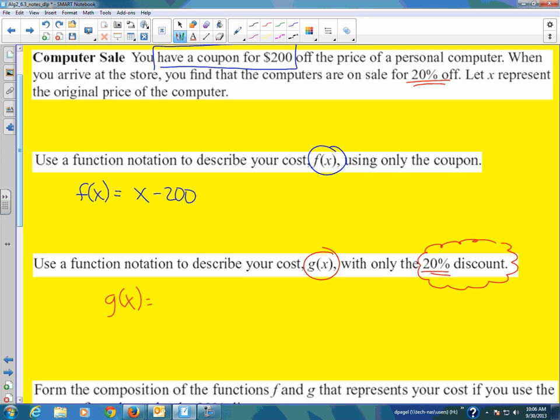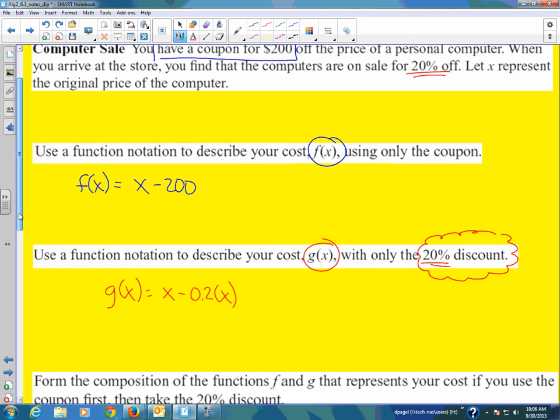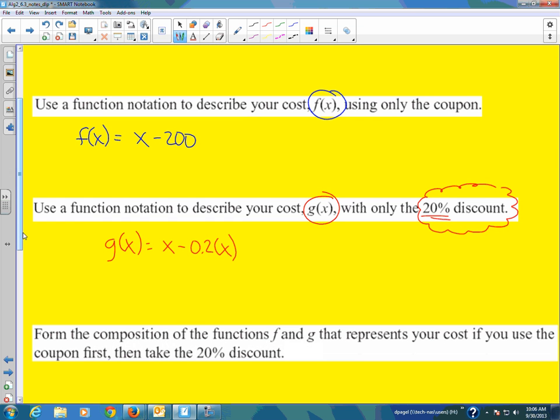That 20% of the original price is what you are subtracting from the original value. So with discounts, you take the original amount and subtract 0.2, which is representative of 20%, times the original. So there are our two functions. One using the $200 off coupon, the other one using the 20% discount.